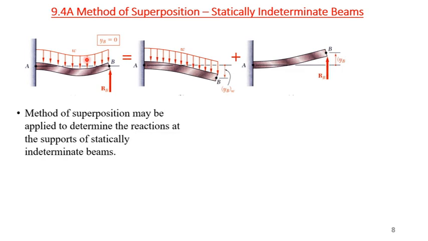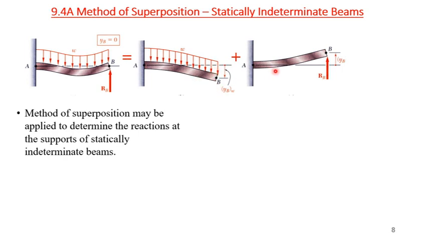That was concept application 9.5. The method of superposition can be applied to the statically indeterminate beam. What we will do first, we will solve it by removing this RB, which we take as a redundant load. We remove it and we will find the deflection due to this load.